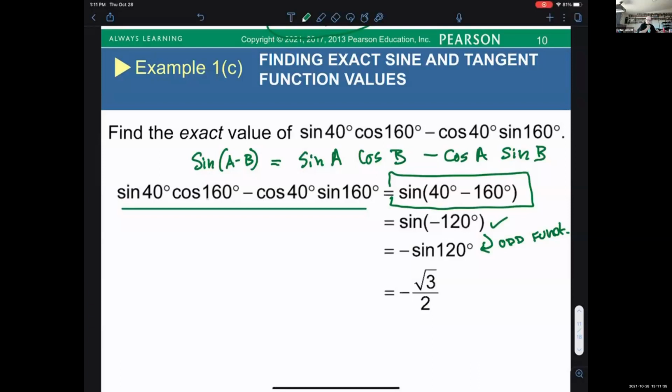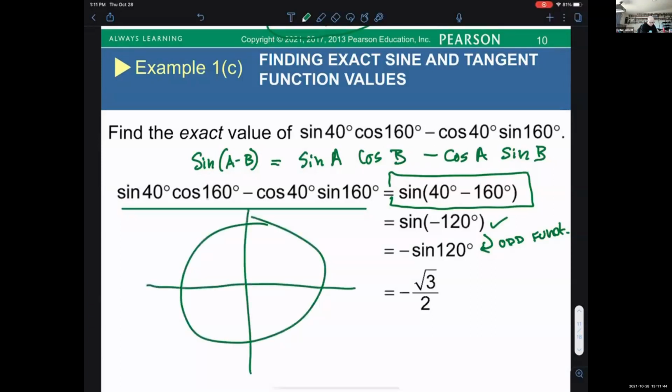And then how would we evaluate sine of 120 to get the exact value? I'm going to just remind us that we now want to be able to refer to a circle and think about these things with what we call the reference angle and things like that. So we know we have 90 degrees up top here. We have 180 degrees over here.